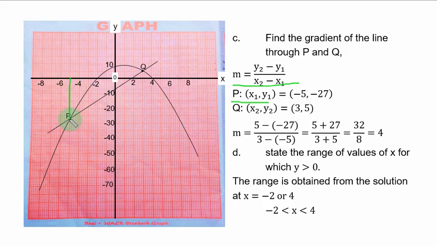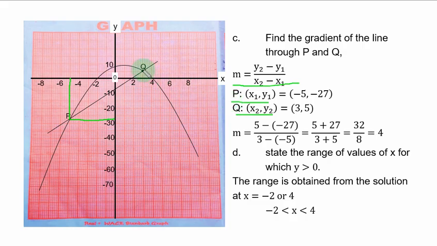Then you trace the same point to meet the y-axis, and the point is -27. Now on the y-axis, the scale is 2 cm to 10 units. What it means is that one line is 5 units. So if you trace from -20 to this point here, you have -27.